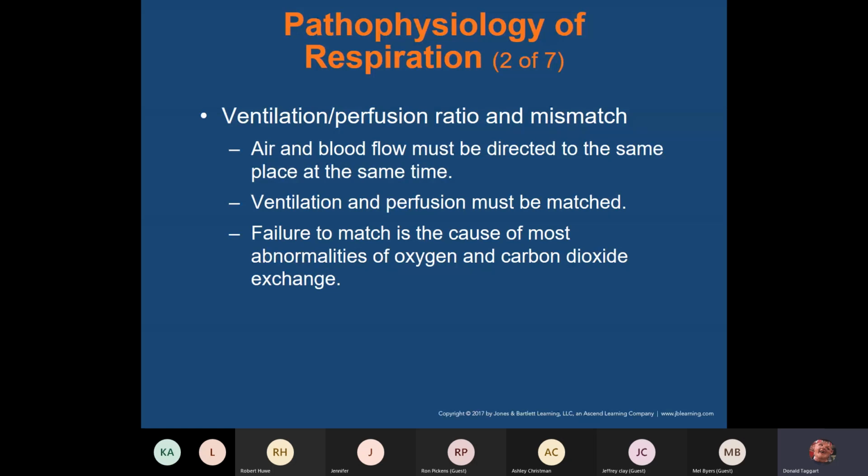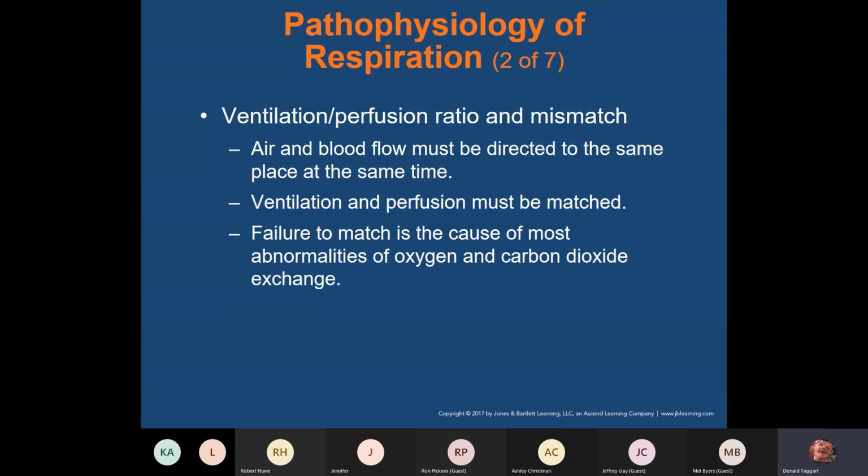Yep, so 5 liters of blood and then about how much air going in and out? It's about 4 liters. So it's 0.8, okay?